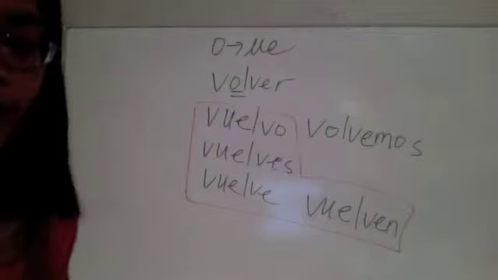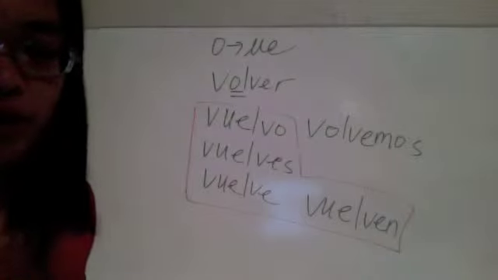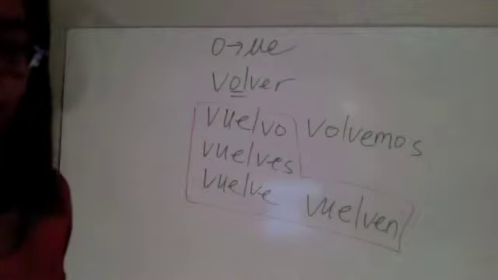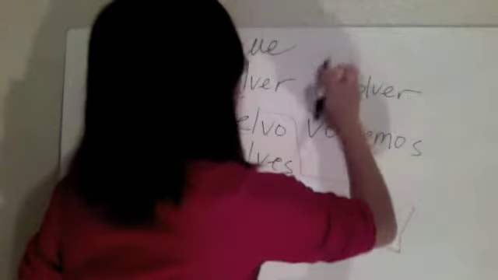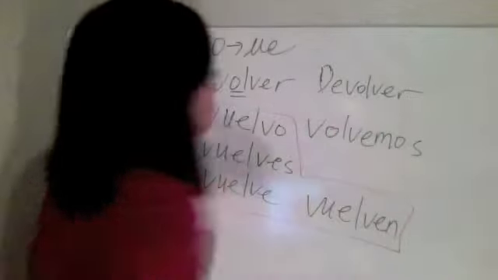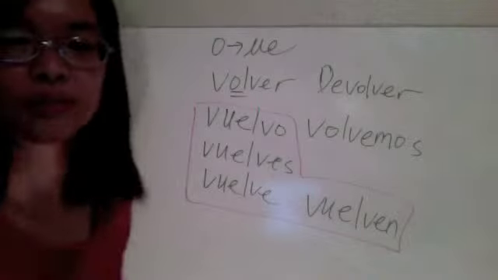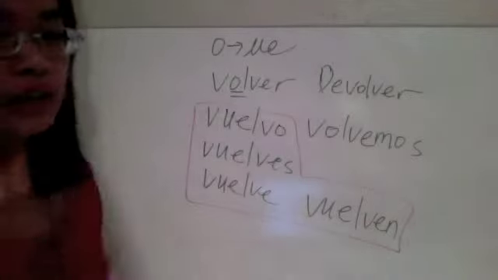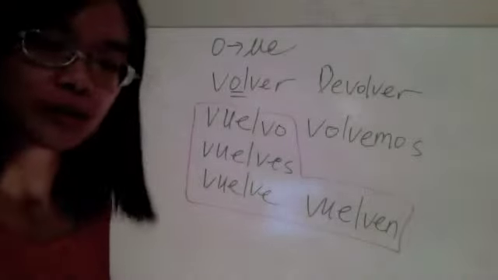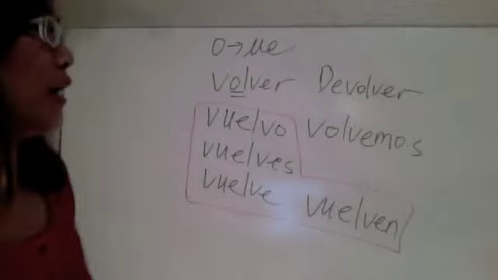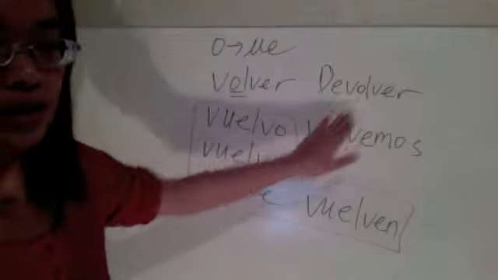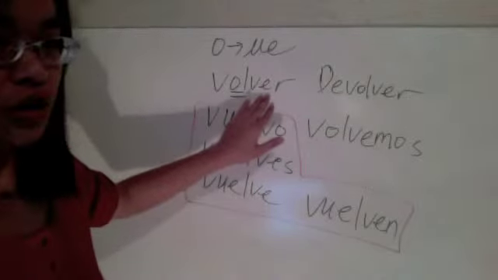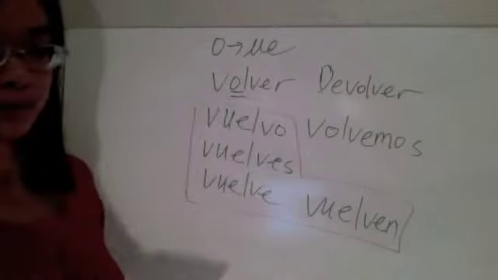As you can conjugate volver, you should also be able to conjugate verbs like devolver. Even though it's another verb, technically, the conjugation, O to UE, stays the same.